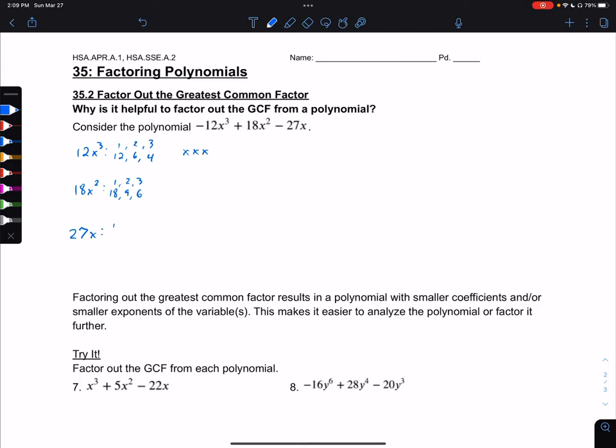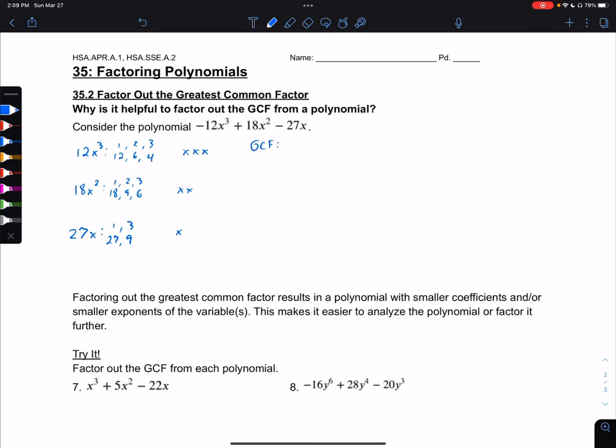And then 27, we have 1 and 27, 2 does not work, 3 and 9, 4 does not work, 5, 6, and 7, and 8 do not work. So we only have 1, 3, 9, and 27. Forget about our x's here. Okay, so for this specific problem, let's try to figure out the GCF.